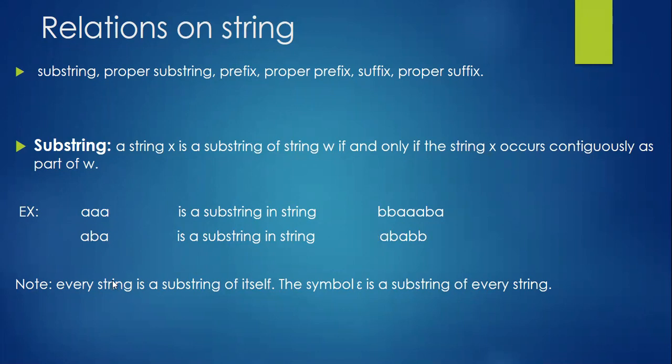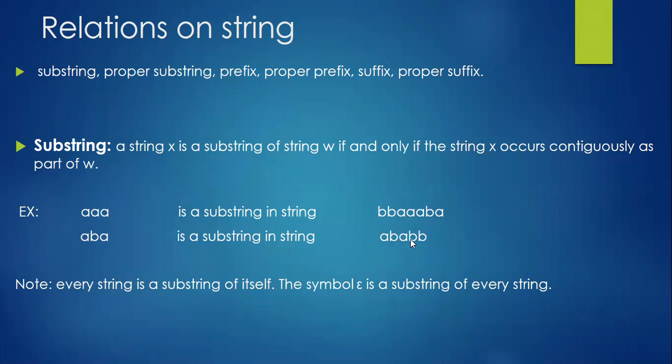Note, here we have one note. Every string is a substring of itself. ABA double B can be called a substring of itself. What is the condition of a substring? It should appear continuously, that's it. So what are we comparing with? It should appear continuously, then we call it, yes, it is a substring. So what is the condition? Every string is a substring of itself.